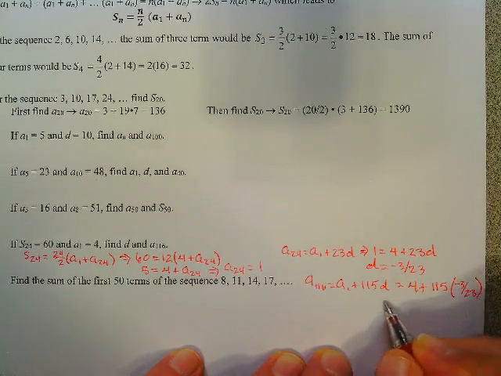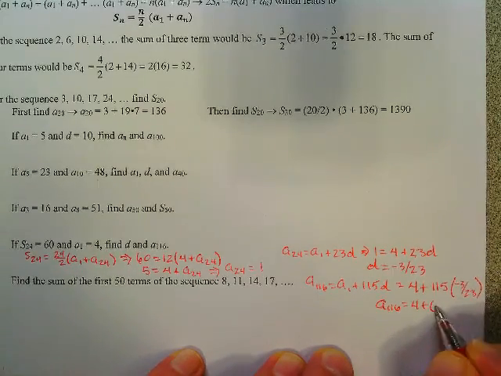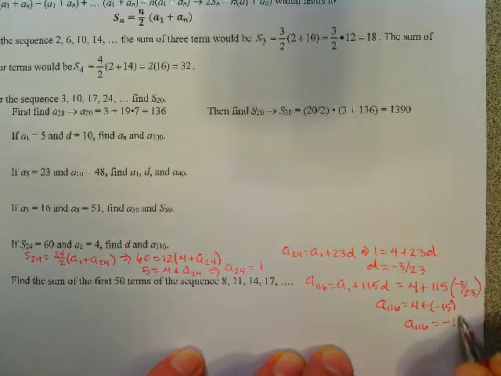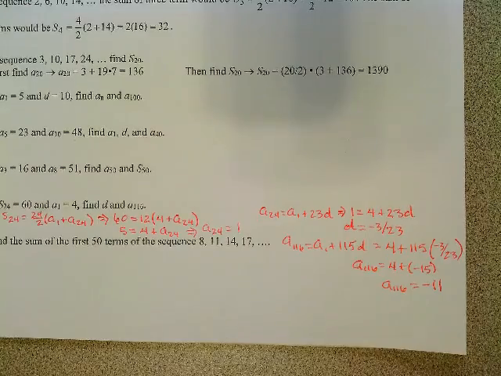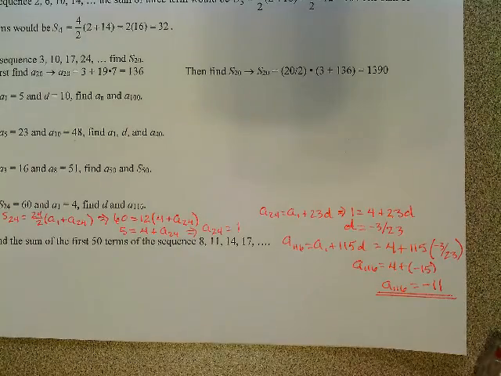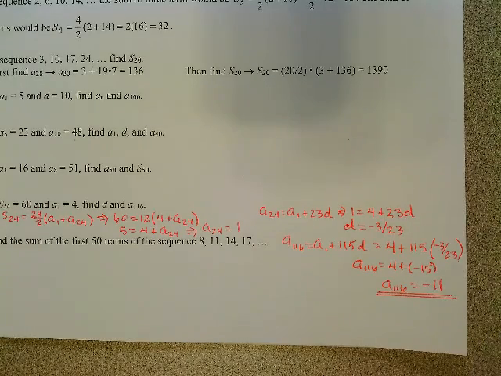So A116 is going to equal 4 plus, that's negative, so a negative 15. A116 equals negative 11. So, started with the sum, worked our way back to the nth term, and then we could go find a different final term.